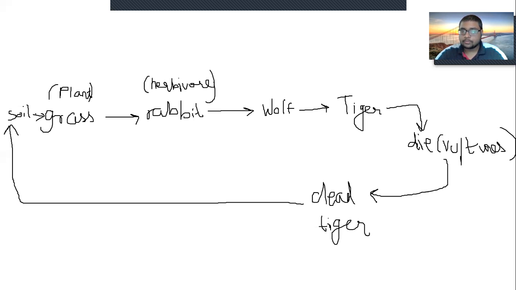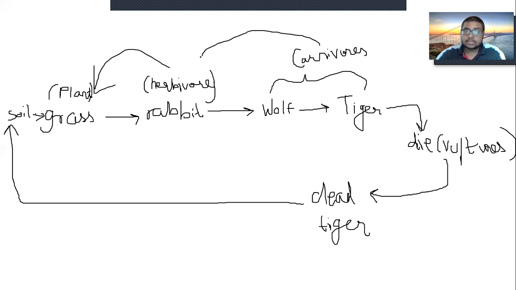What are wolf and tiger? They both are carnivores. What are vultures? Vultures are also carnivores since they eat other animals. So what you can see is the plants, herbivores eat plants, carnivorous animals eat herbivore animals.